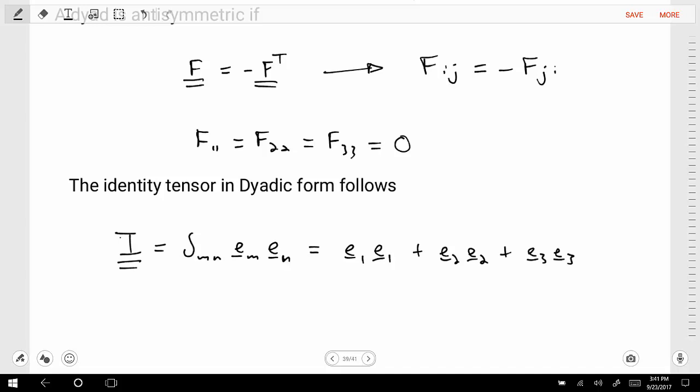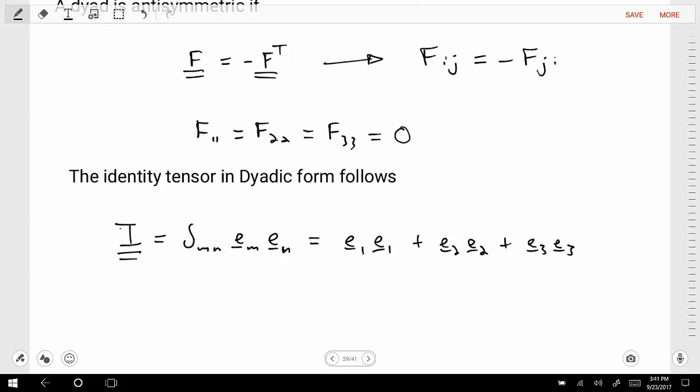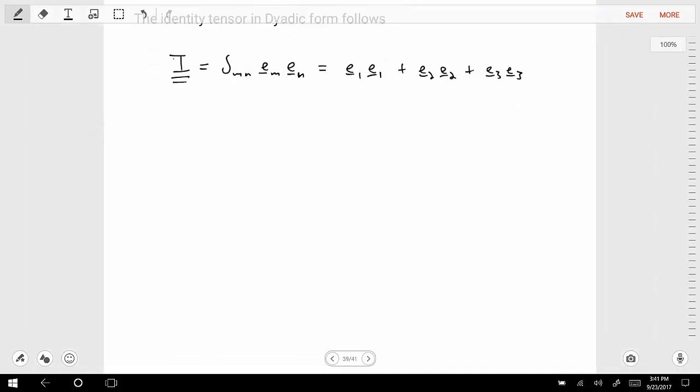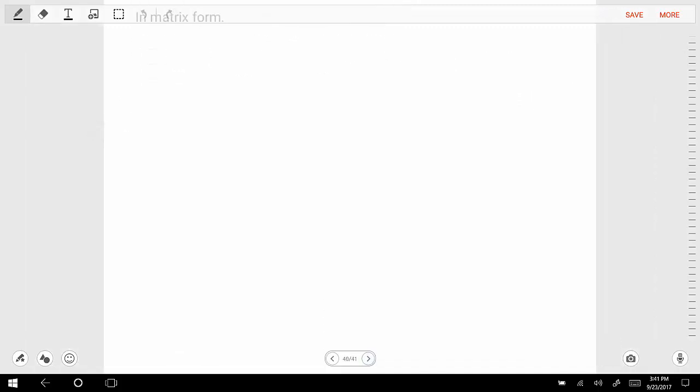We can actually build our identity from our base vectors, which is nice, because what if our Cartesian coordinate system changes, our base vectors change, but we still can maintain that identity in any orientation in our coordinate system, right? Okay.